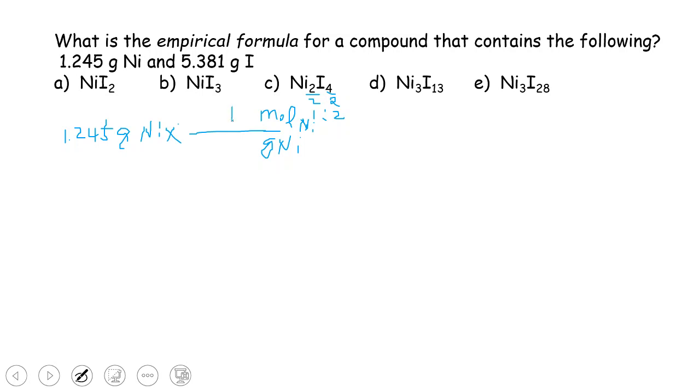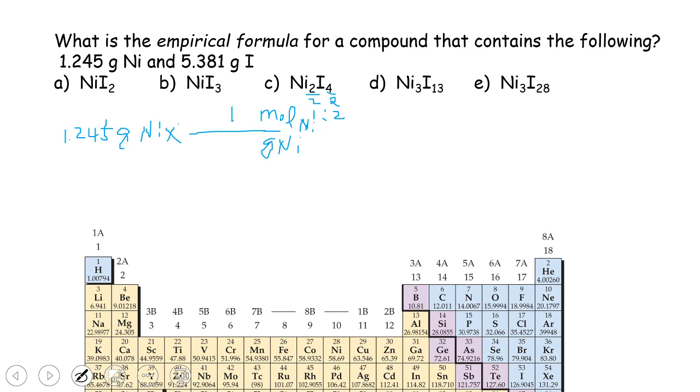Using molar mass, 1 mole of nickel gives us, so you will always have a copy of the periodic table available when you work on problems or even when taking exams. So the molar mass should be 58.69 grams per mole.